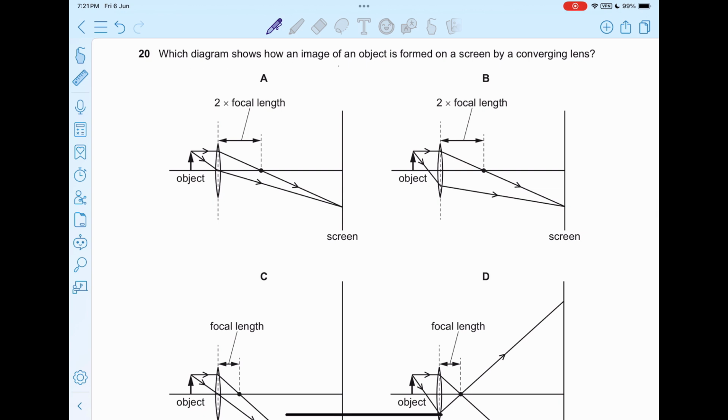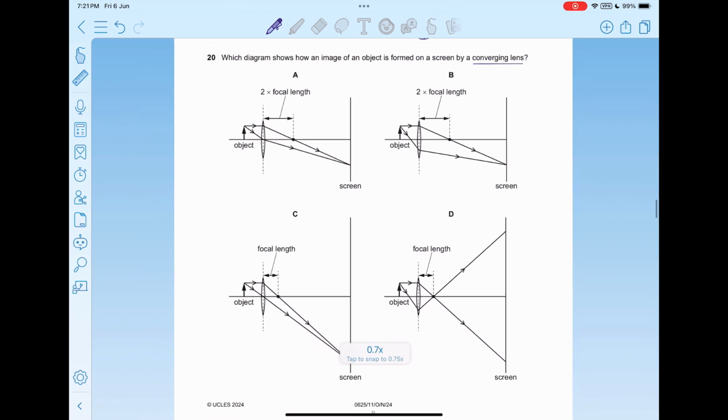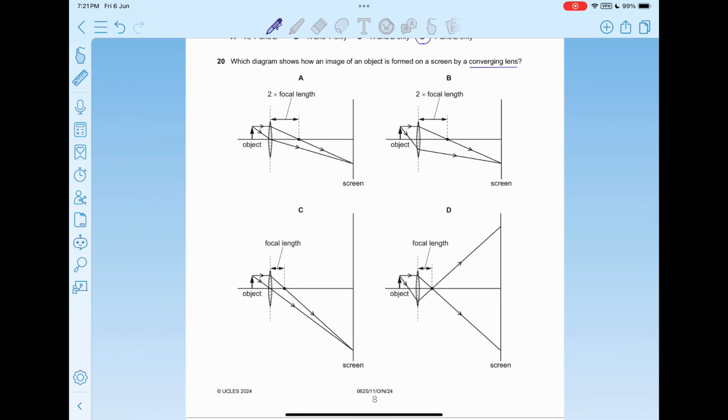Which diagram shows how an image of an object is formed on a screen by a converging lens? Okay, so the first image A is incorrect because the line in the middle is curving.